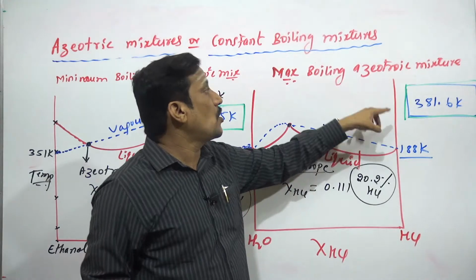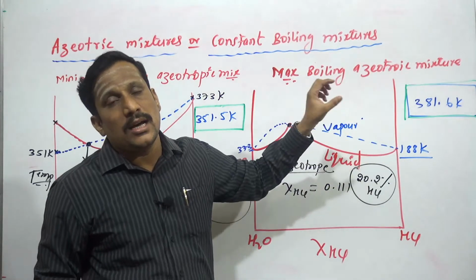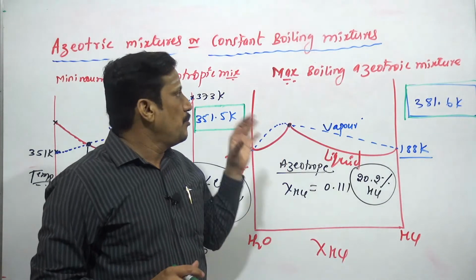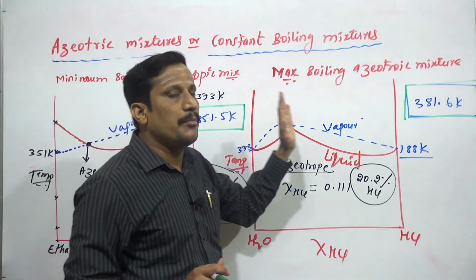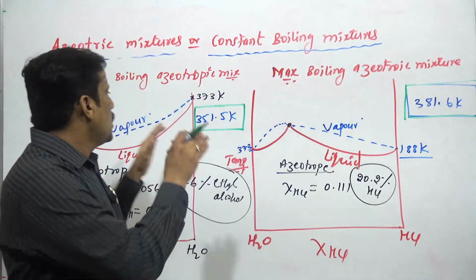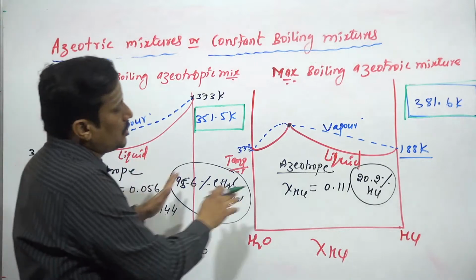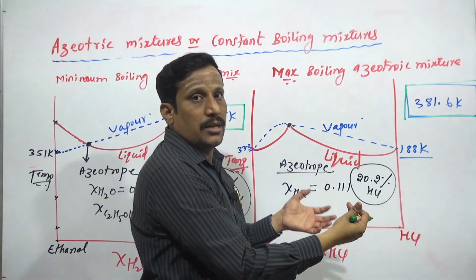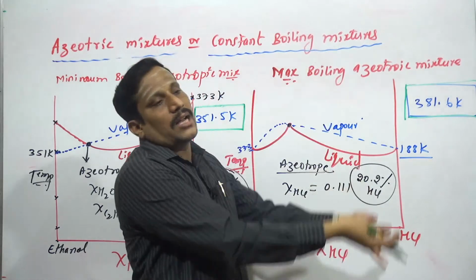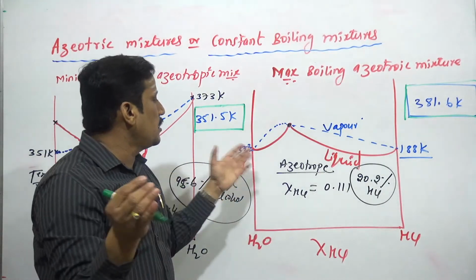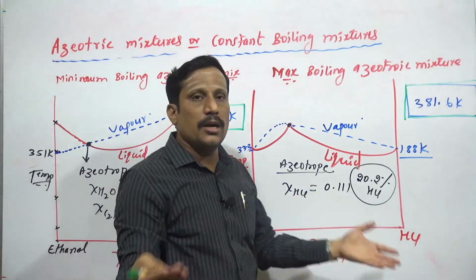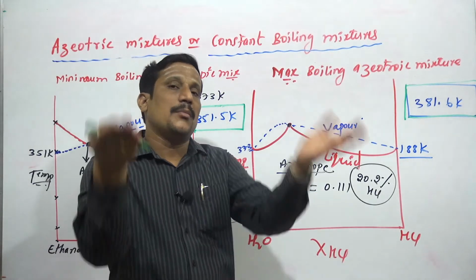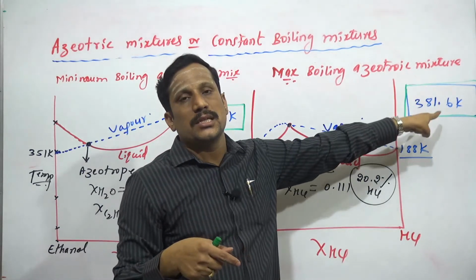That is why they are called maximum boiling azeotropic mixture. Minimum boiling azeotropic mixture boils at minimum temperature; this mixture boils at maximum temperature. HCl and water, both the liquids, will come out at 381.6 Kelvin.